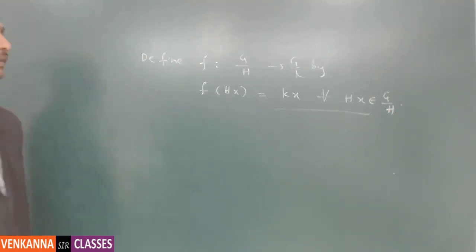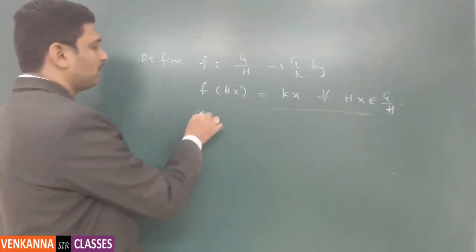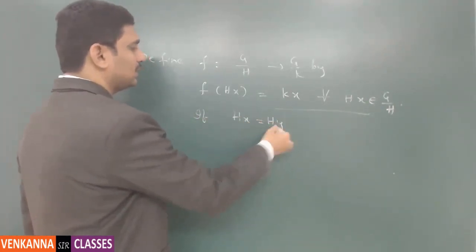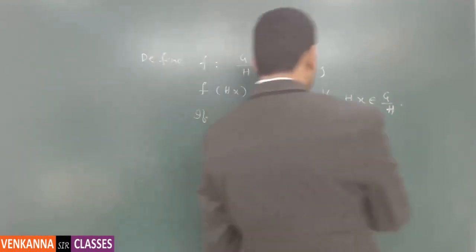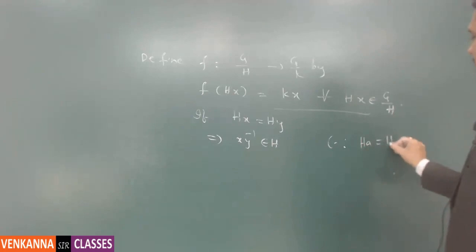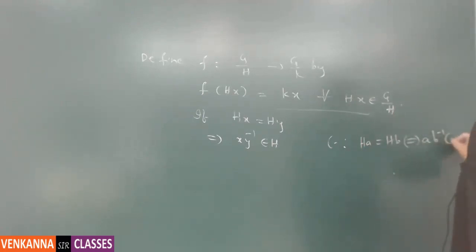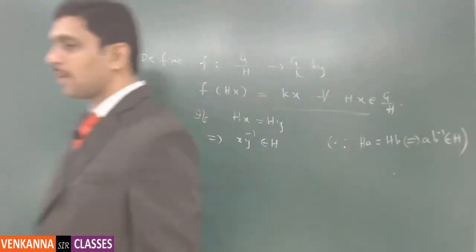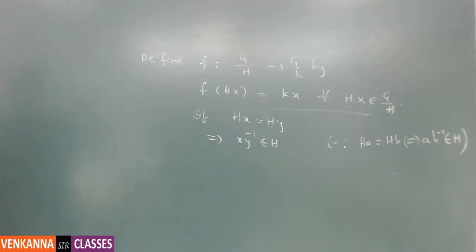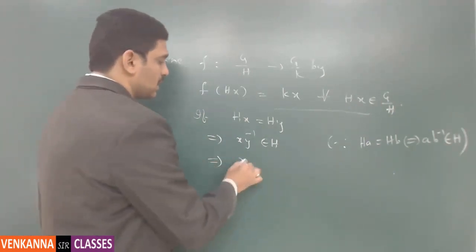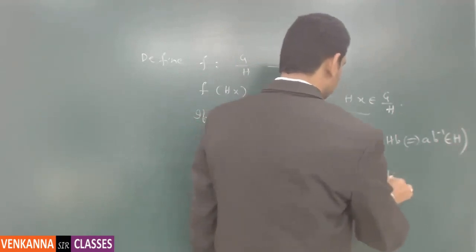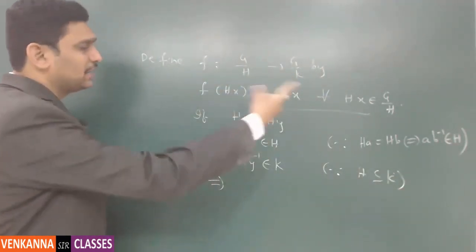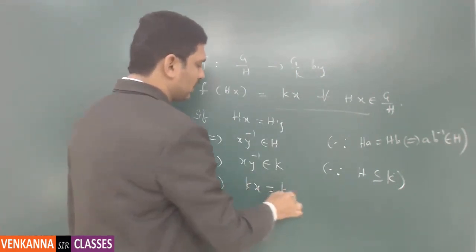Right? Then, this is a well-defined function. However, if you have doubt, you can say if Hx is equal to Hy, implies xy inverse belongs to H, because you have the property that Ha is equal to Hb if and only if ab inverse belongs to H. Using this property, you can write xy inverse belongs to H. Implies that xy inverse belongs to K, as you have H is a subset of K. Again, using the same result, you can say that Kx is equal to Ky.